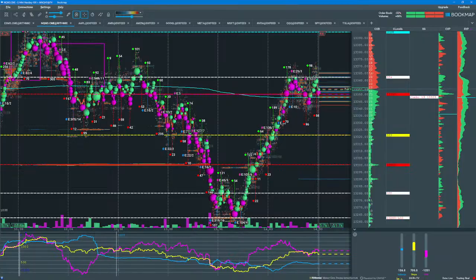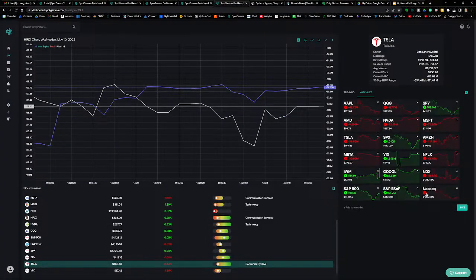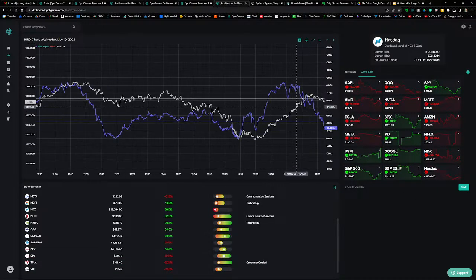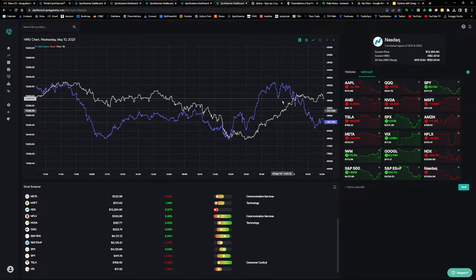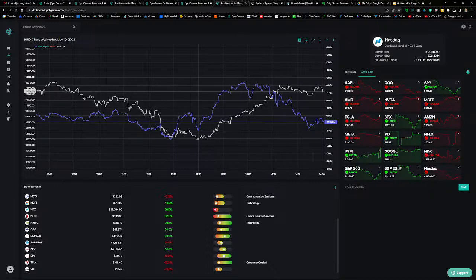Take a look at Hero for NASDAQ. See what options traders are doing. And now there's a divergent short setting up. So here's the divergence long.